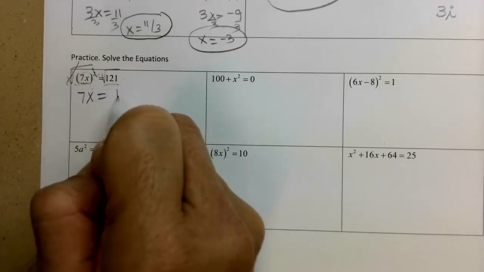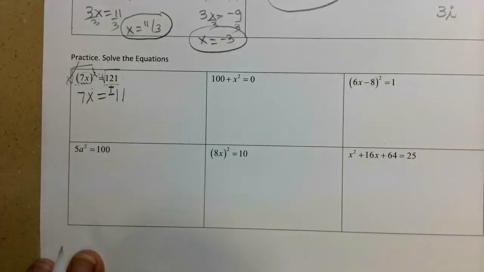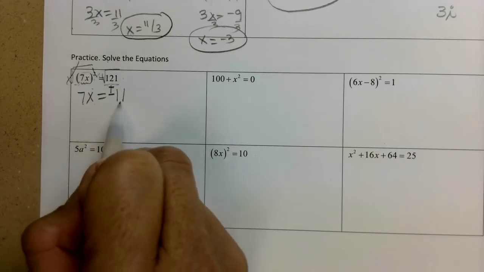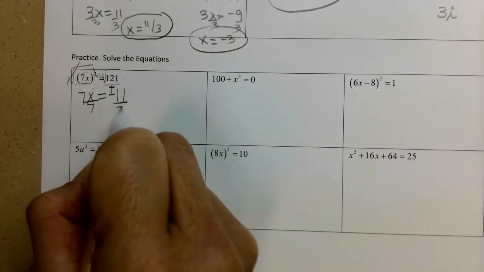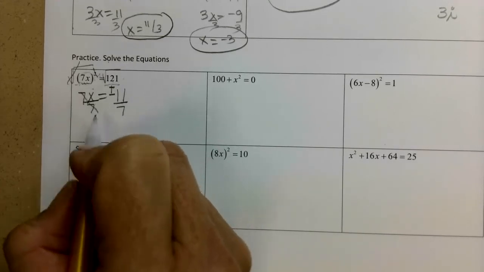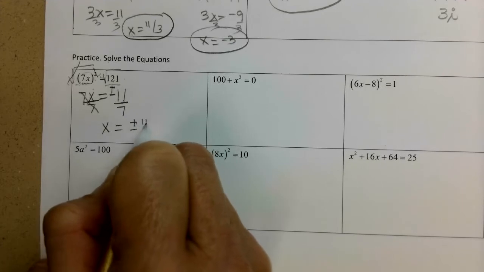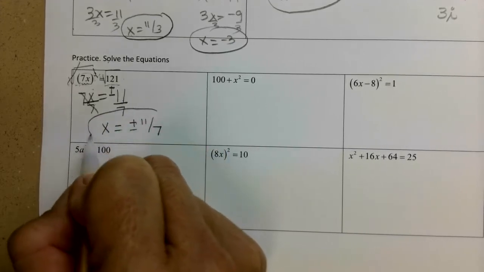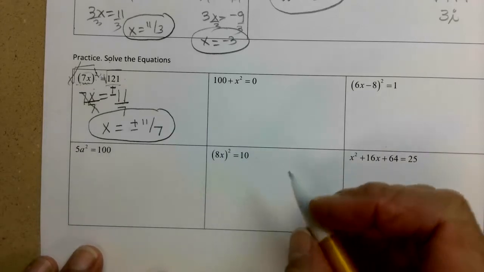Square root of 121 is 11. Remember your plus minus. So 7 times x equals plus or minus 11. Divide by 7. Gets the x all by itself. Equals plus or minus 11 sevenths. You can write it either as one fraction or you could separate those out if you wanted, either way.